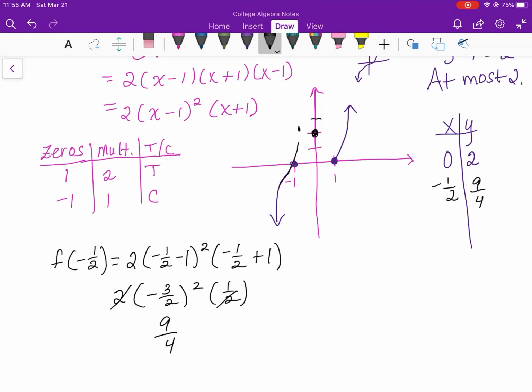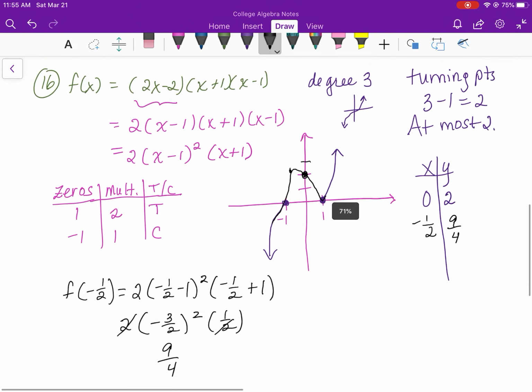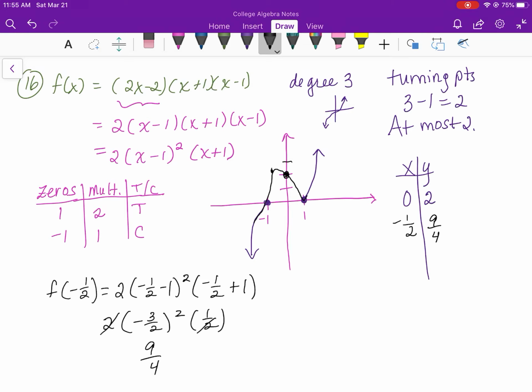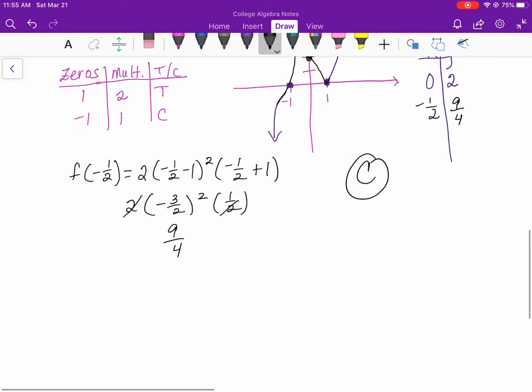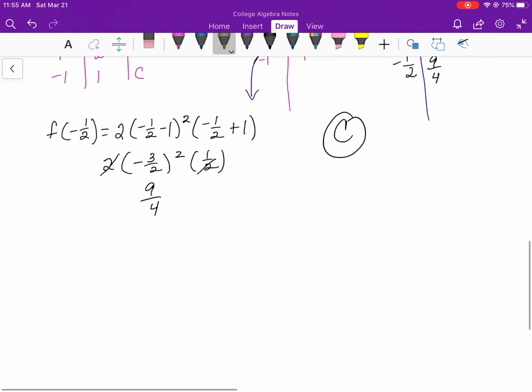So it looks like it's going to come up, go through there, and go back up. And that's the sketch of my graph. Let's see, if I had to guess, choice C. Let's double check that, make sure we're correct, and then we'll move on to the next page. We're good to go. All right, number 17.